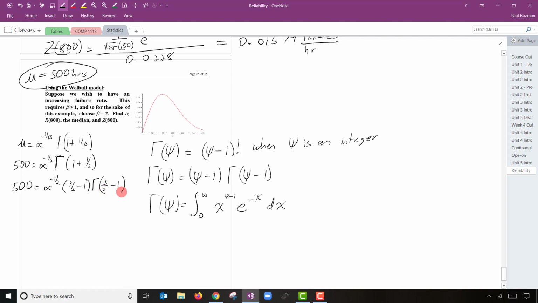I don't know if that's helping me much. So we have 500 equals alpha to the minus 1 half times a half. And then we have gamma of a half now.